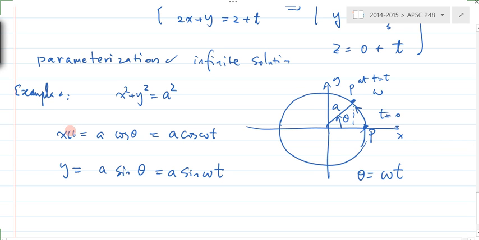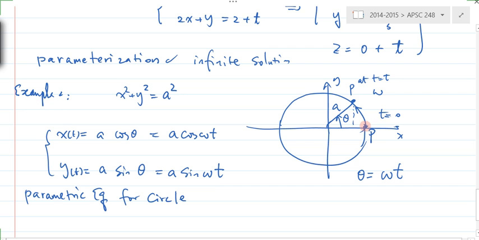So basically, we end up with a so-called parametric equation for the circle. And what does this parametric equation describe?